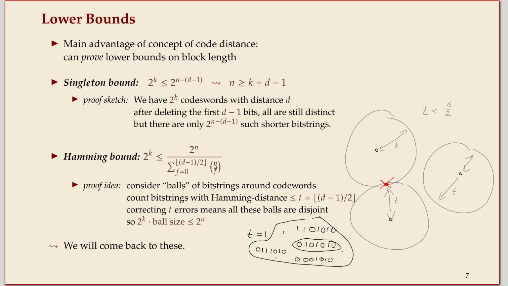That's essentially these binomial coefficients. If you're not very familiar with those, don't worry about it. The idea is that you just count how big these balls are, and then for each code word, multiply it with the size of this ball.